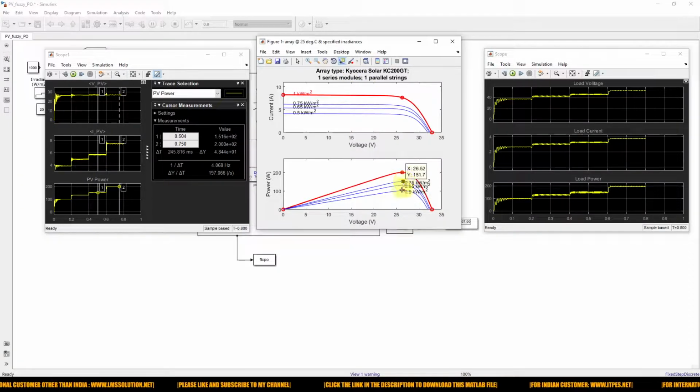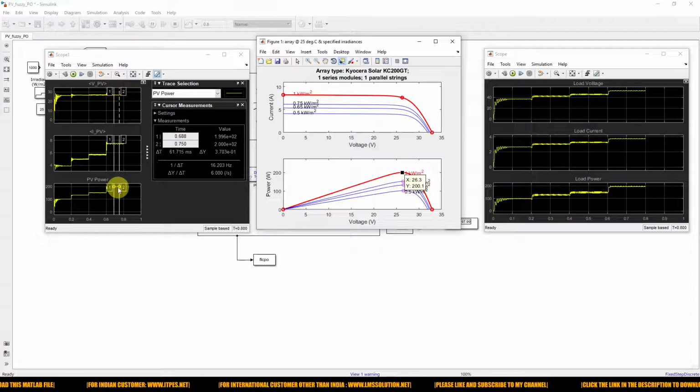For 750 watts, the peak power is 151.7, and here you can see the peak power is 151.6. Already I told that for 1000 watts per meter square, the peak power is 200.1, and here you can see the peak power is 200.